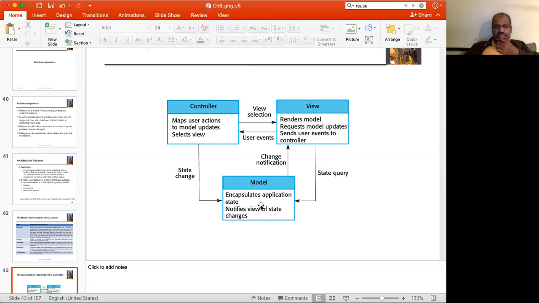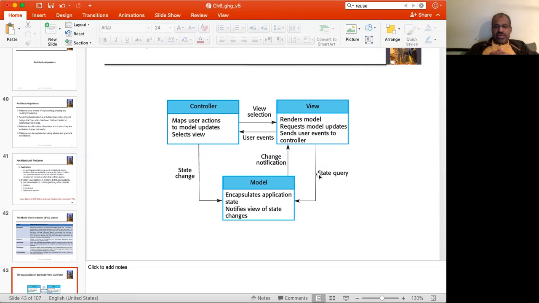So this is the data. This has the logic of what happens to the data, or relays requested changes to the data based on what the user actually does. And the view is basically how you're going to present this data and the controlling abilities or control actions to the user.